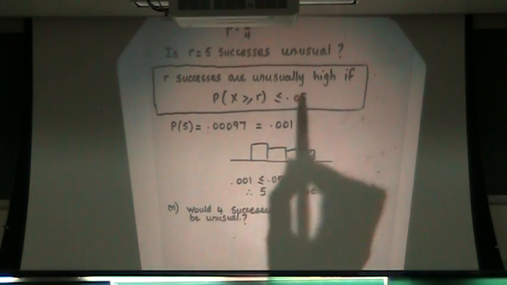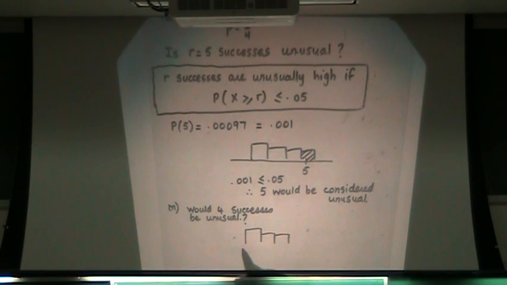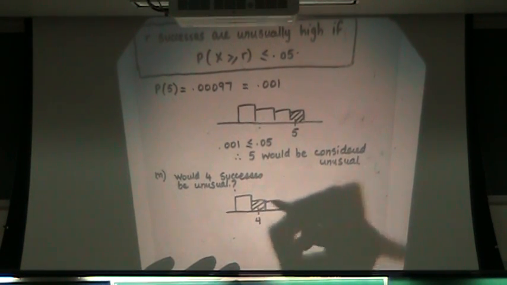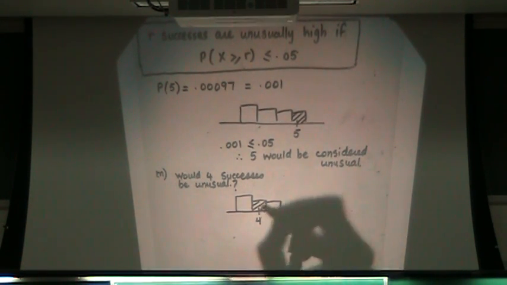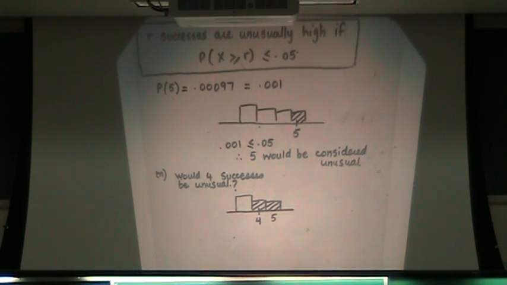So I'm following the rule here that says if 4 successes are to be unusual, then the probability of 4 or more, so 4 or 5, add up those probabilities, and if that is less than or equal to 0.05, that would mean that 4 is already too far gone, that the probability of being even worse than it is so small that it's not in the usual range of values.